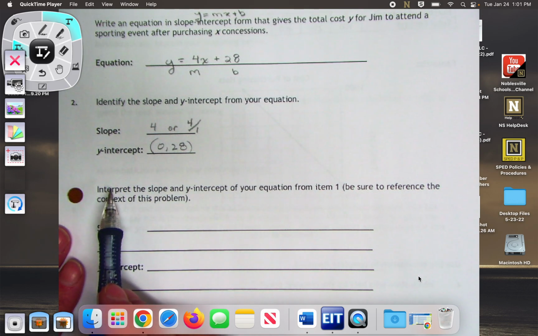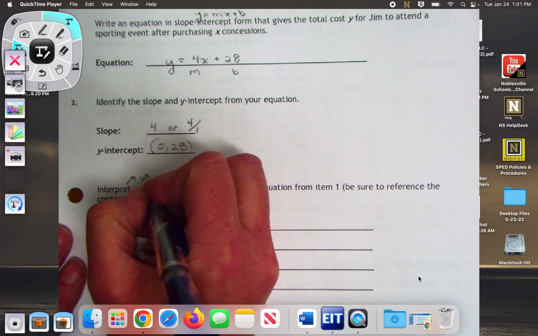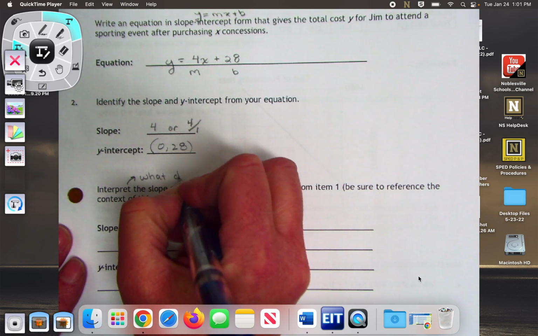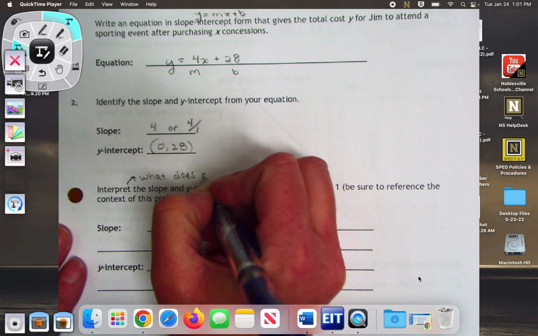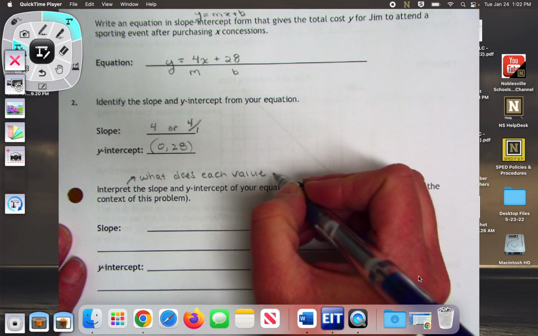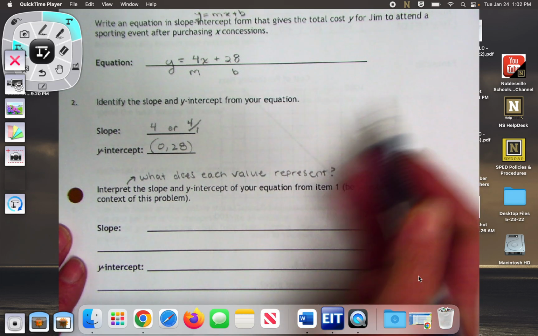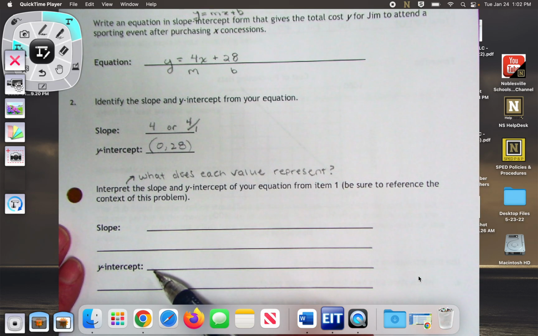Okay, so the word interpret means, what does each value represent? Right, so we're not talking like, oh, I'm just going to say 4 and 28.